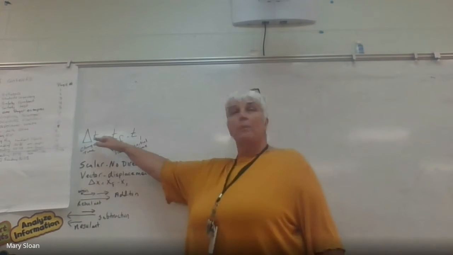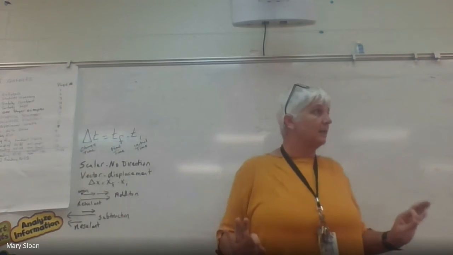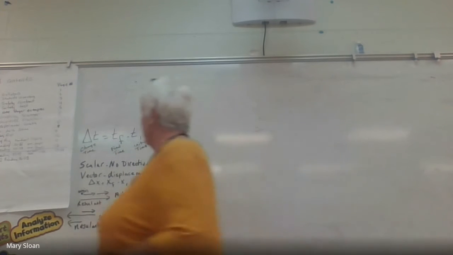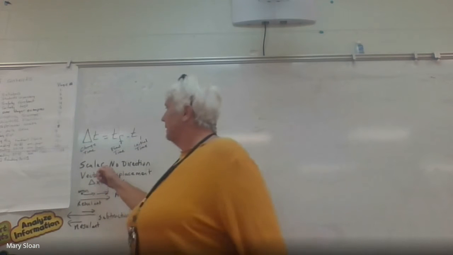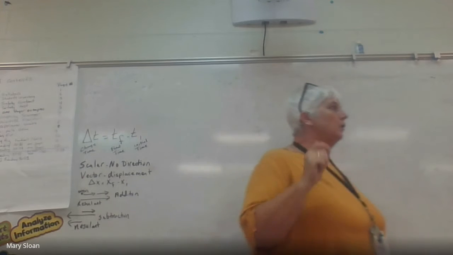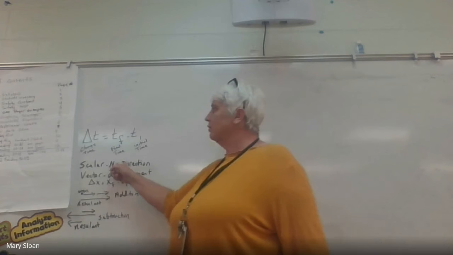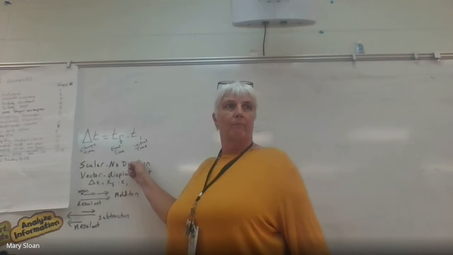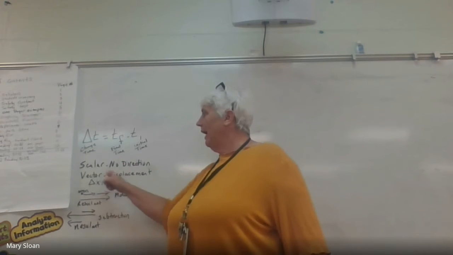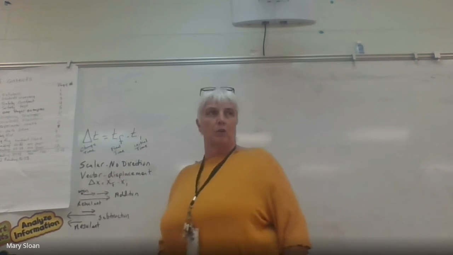So in your book, make sure you have this formula and you've written down what it stands for. The next thing is it talked about scalars and vectors, right? In your notes, did you say that a scalar has no direction and a vector has direction? Displacement is an example of a vector quantity.